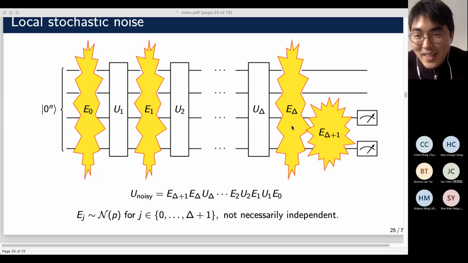And here at the end of the circuit, I put E delta and E delta plus 1 to indicate that E delta is the error affected by the gate U delta, and the last one indicates the measurement flip error.